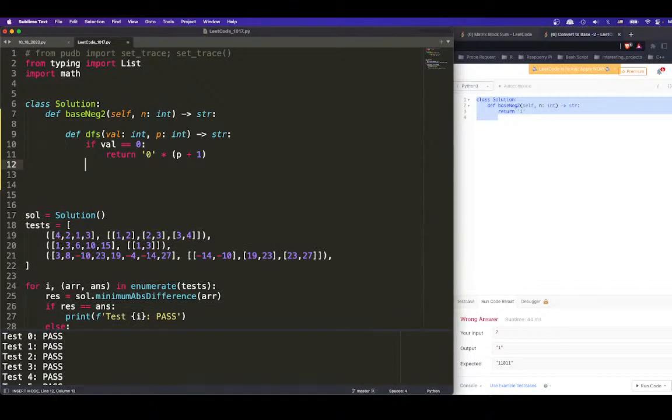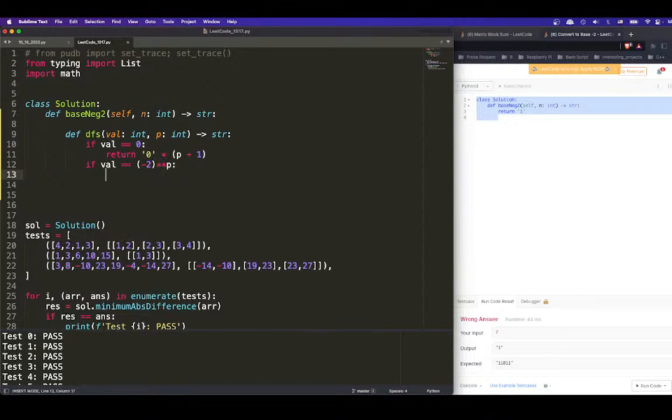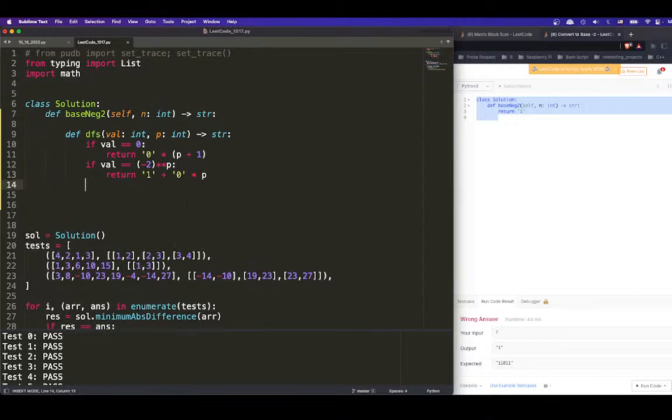If value is 0, we do this. If value is equal to minus 2 to the P power, then we return 1 plus 0 times P. Okay, that's that.